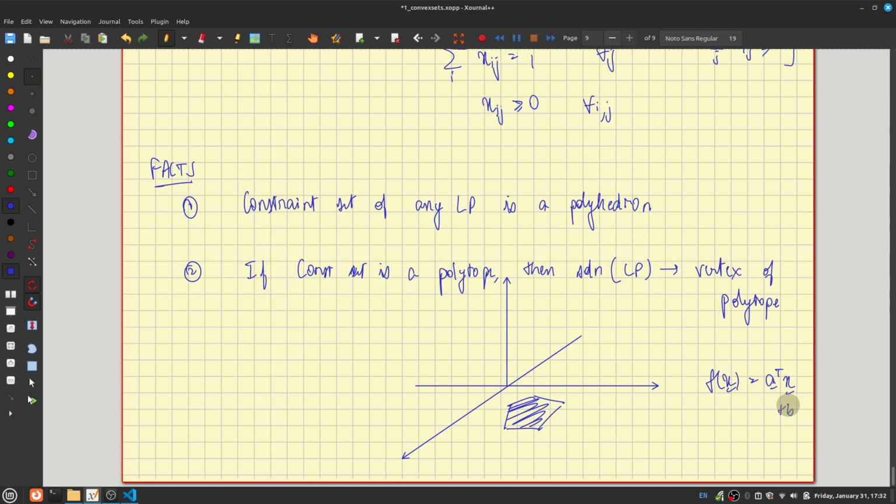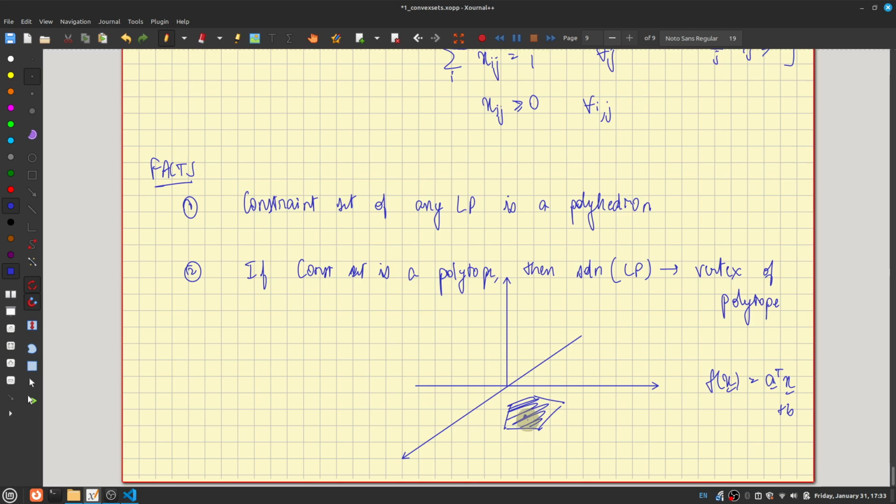So in other words, there is some direction along which the function value increases the most. That is the direction of the gradient. So take any point within this constraint set and keep moving in the direction of the gradient. It's always the same. It's always one direction, correct?